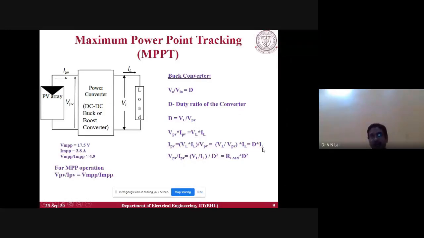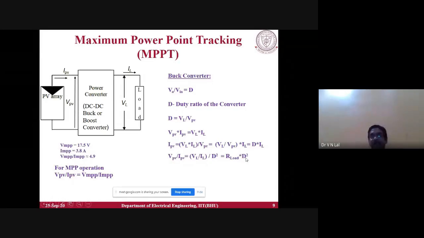Very simple. Now VPV by IPV, the ratio of the PV array voltage and PV array current, will be equal to VL by IL multiplied by D square, which is equal to R load multiplied by D square. So this ratio can be represented in terms of the external load R load multiplied by the duty ratio.